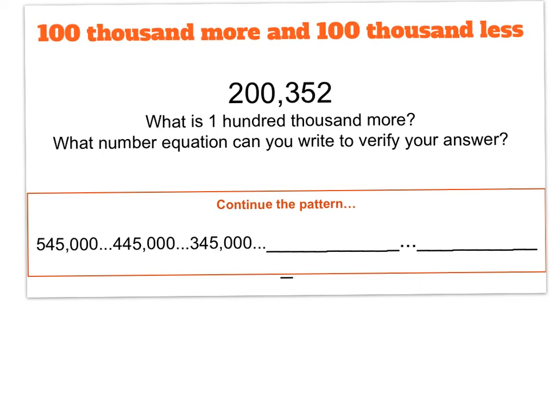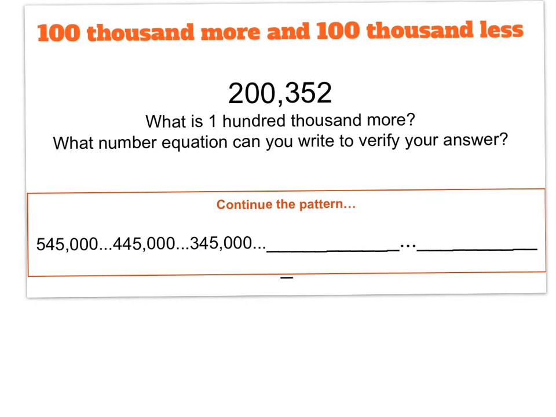Write the number 200,352 on your dry erase sleeve. What is 100,000 more? Think to yourself if you can figure out what 100,000 more is. That's right, it's 300,352. Let's write a number equation to verify our answer.